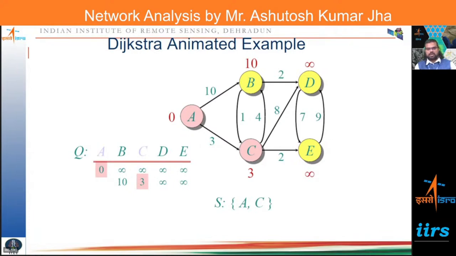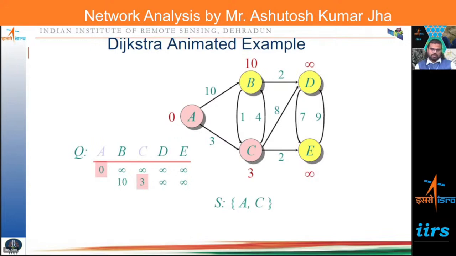In this case, A and C are one segment of the network and B, D, E are another segment. We'd like to find out, from each of these reached nodes, which is going to be connected to another unconnected node with the least amount of resistance.